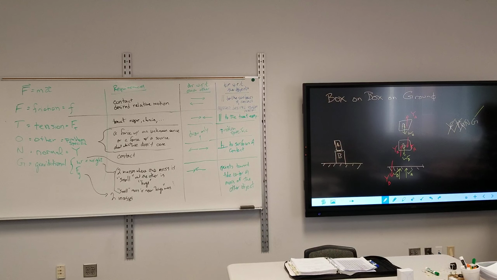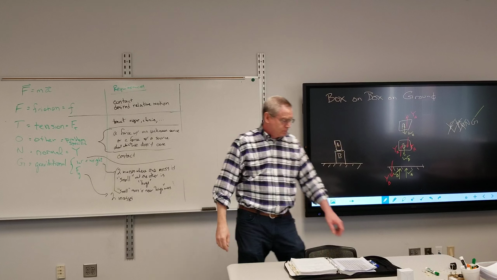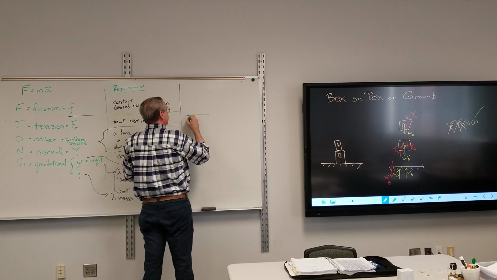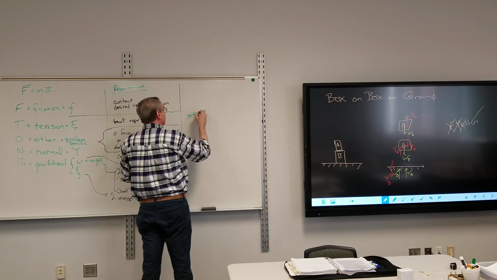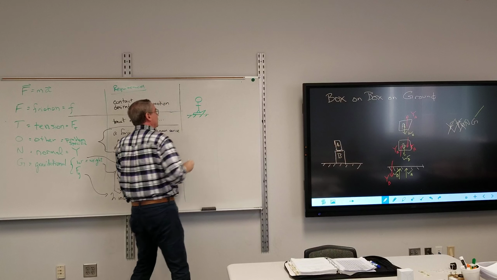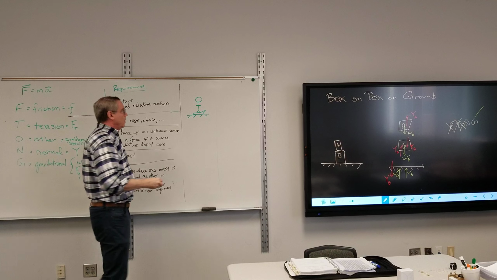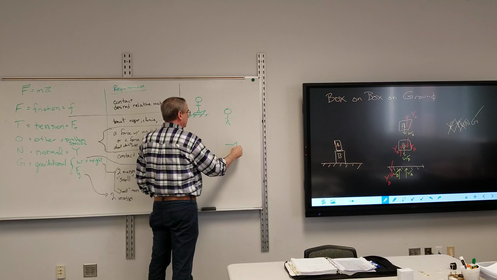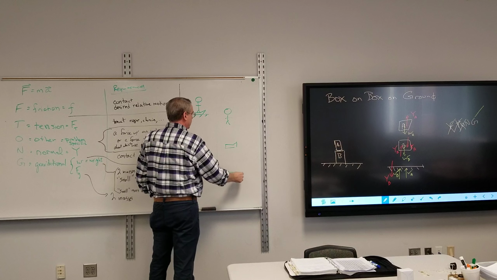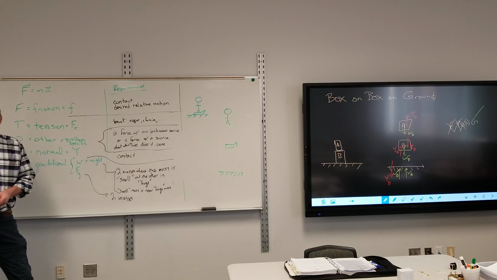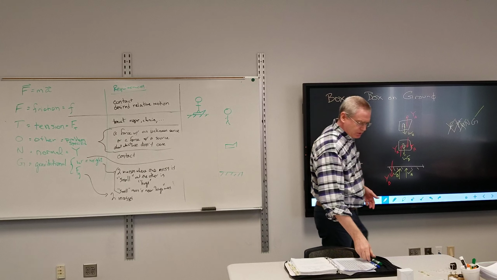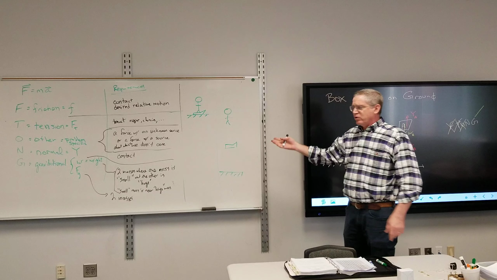All right, so we're gonna take our box on ground and have a person on a scale on the ground. First I'm gonna draw the problem. I have the ground, I have the scale, I have the person. To do my force diagram, I draw the person, the scale, and the ground, and then I just do my force diagram. It's gonna look very much like that. I'm gonna change the subscripts to make them more specific to this problem.